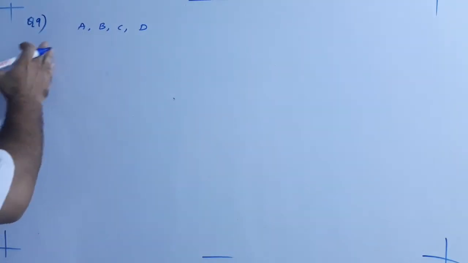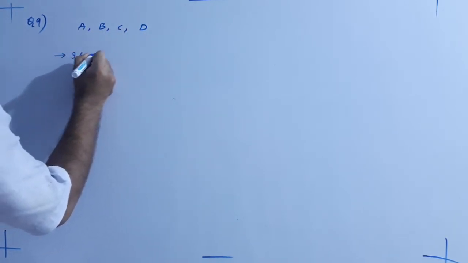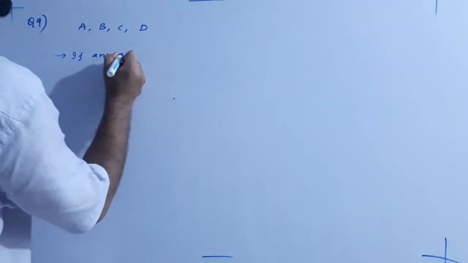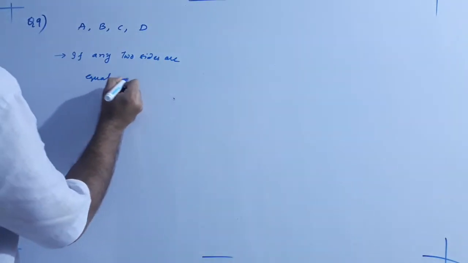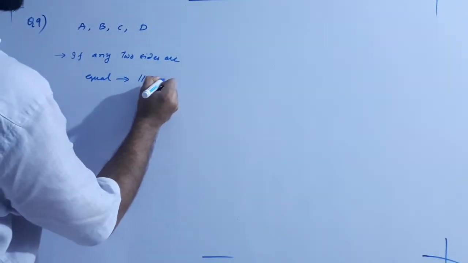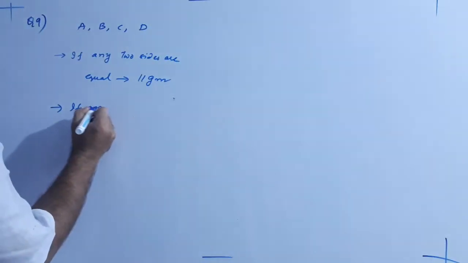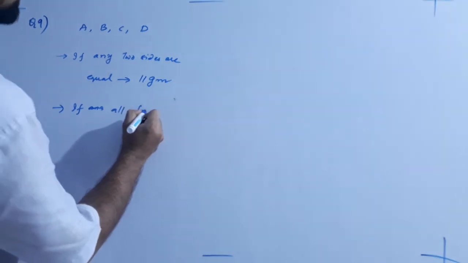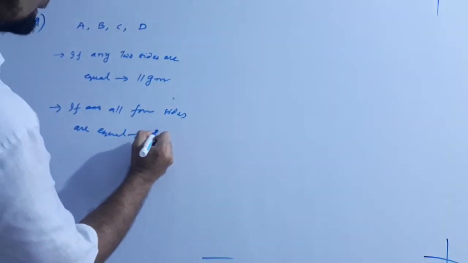So I'll give you simple hints. If any two sides are equal, then it is a parallelogram. Again, if all four sides are equal, then it is a rhombus.